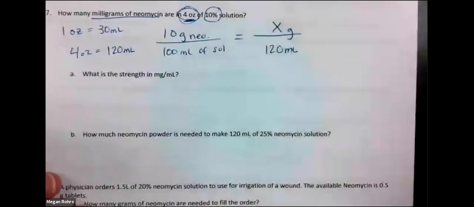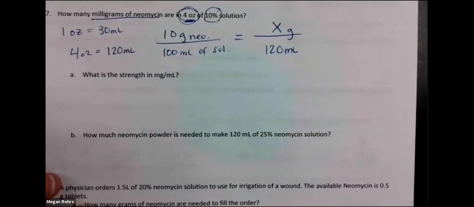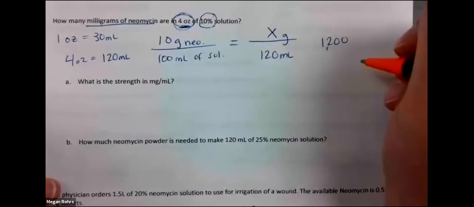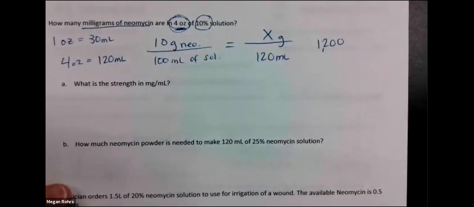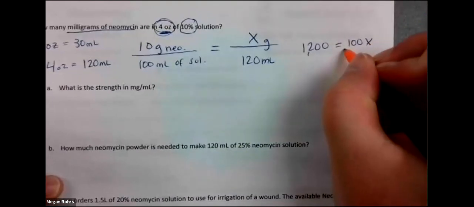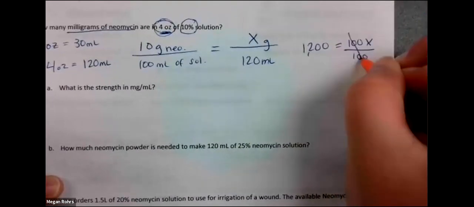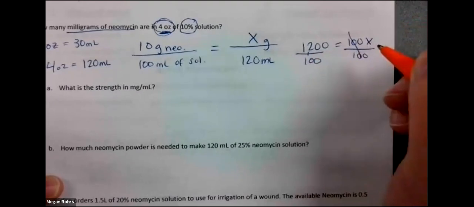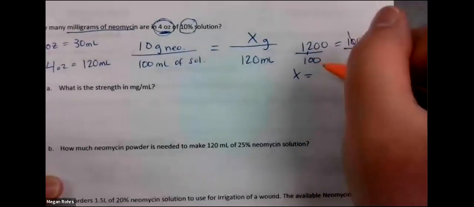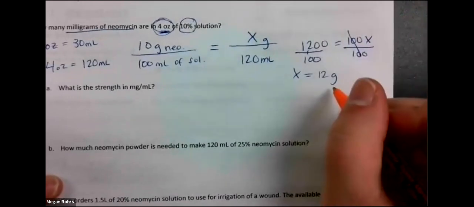Now I can solve. So I have 120 times 10, which would give us 1,200. And then we're going to set that equal to 100x, divide by 100 here. Do the same thing to this side. So x equals 12 grams.